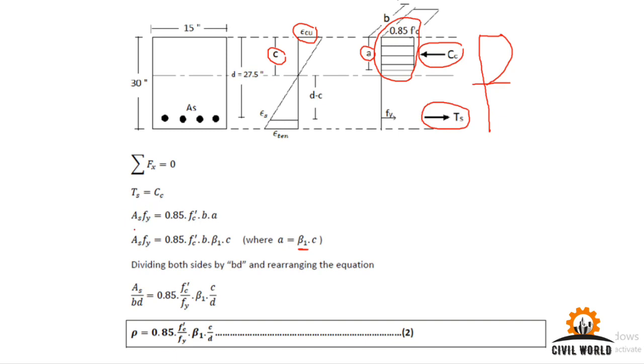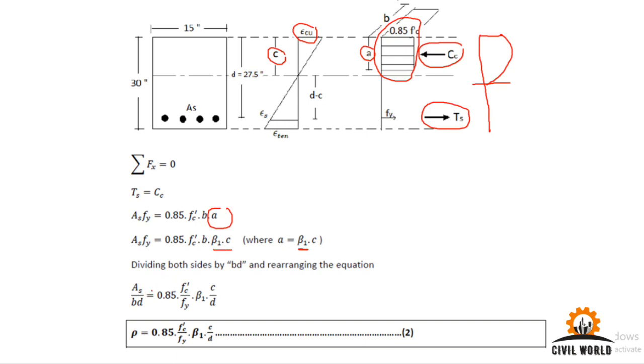Tensile force is given by area of steel times stress applied, so As Fy, and similarly in concrete it is stress, which is 0.85 F'c, times area of concrete, where b is the width and a is the total depth. So this is the area of concrete in compression. So, As Fy is equal to this, applying the value of a equal to beta 1 c.